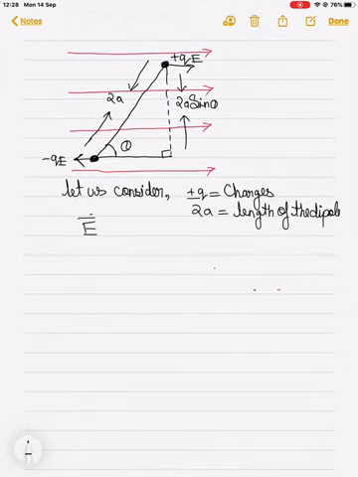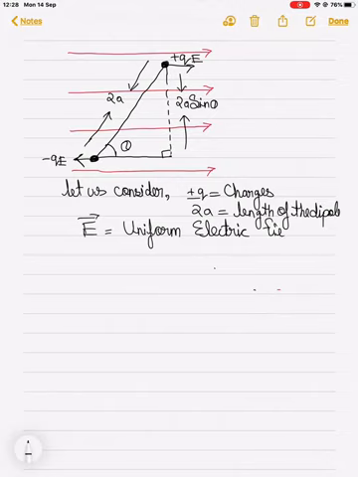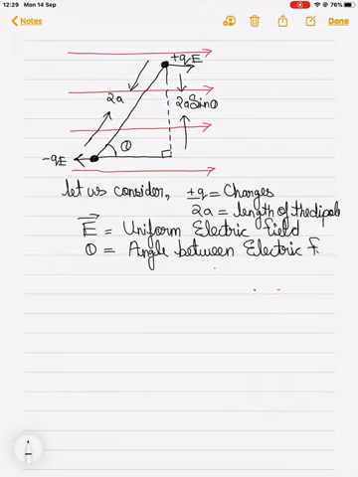E is a vector quantity, that is why the arrow is there, and it is a uniform electric field, and theta is the angle. Theta is the angle between the electric field and the dipole axis.